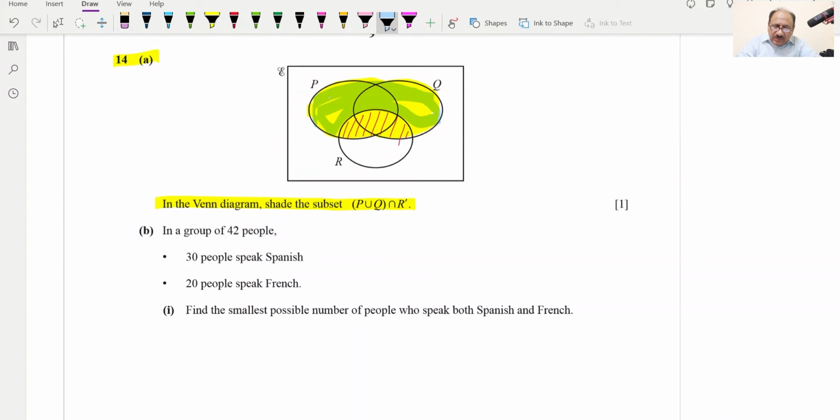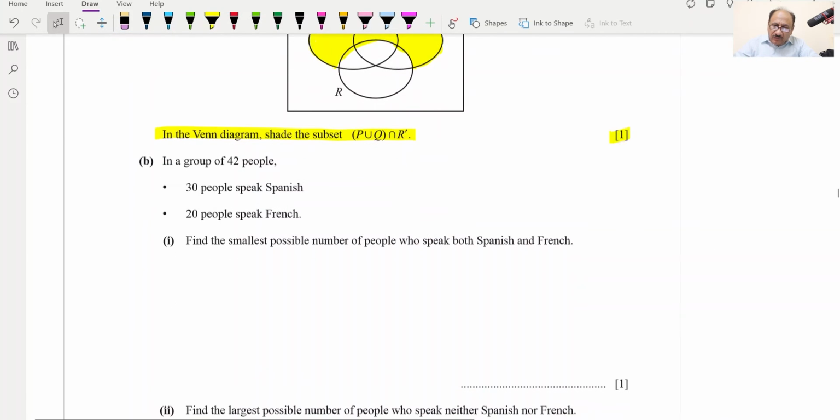I will reshade everything and draw this shading from this part over here up to this one. This will be our shading answer for this question. Hopefully you are understanding each and everything. Okay, so this is the answer for 1 mark.